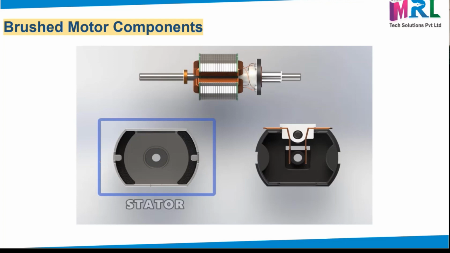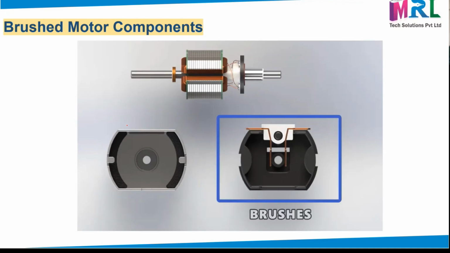Stator is nothing but the stationary part of a motor. You have a magnet around the motor shield, and it will not rotate. It is the stationary part of a motor.